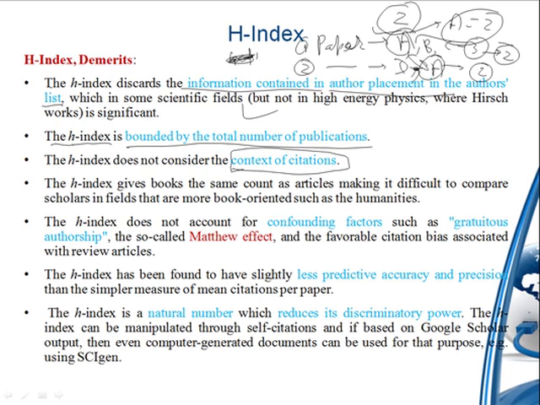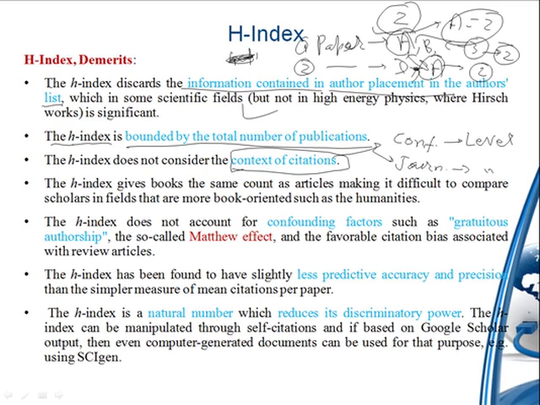Context of citations can be like where the paper got cited, either in a conference or in a journal, and what are the levels of both conferences and journals. The H index does not consider these things.